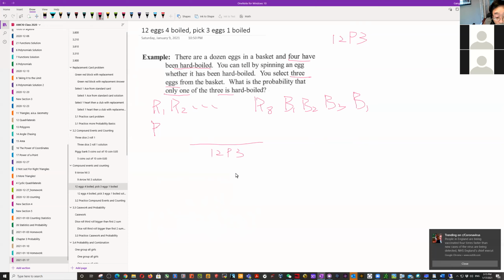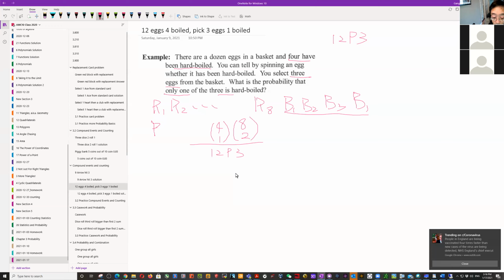Then basically, I need to choose one egg out of those 4. I have to assemble a team made up of 1 boiled egg and 2 raw eggs. So I'm going to assemble the team like 8 choose 2.